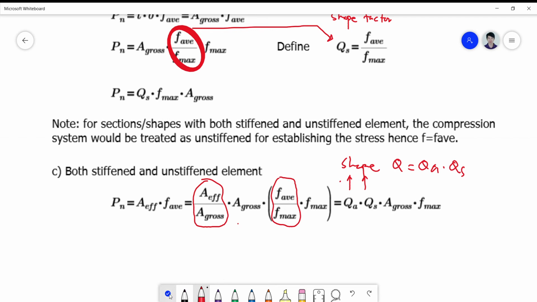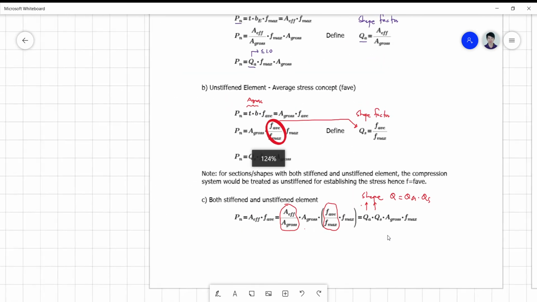This is the formula you are going to use for your actual load capacity whenever there is local buckling present in your member.